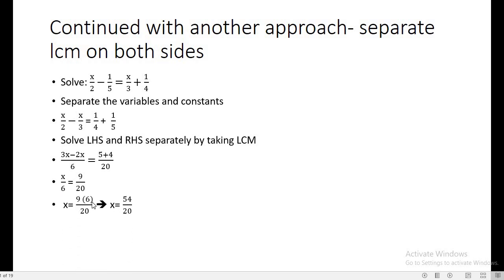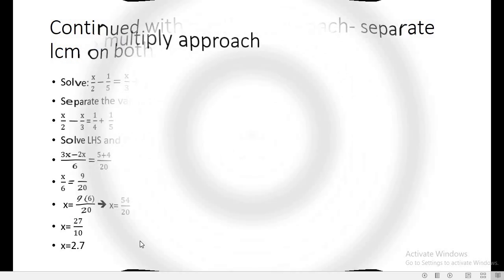So 9 into 6 upon 20 gives us 54 upon 20, which can be divided by 2 and simplified as 27 upon 10, or you can write x as 2.7. You can leave the answer as 27 upon 10 also.